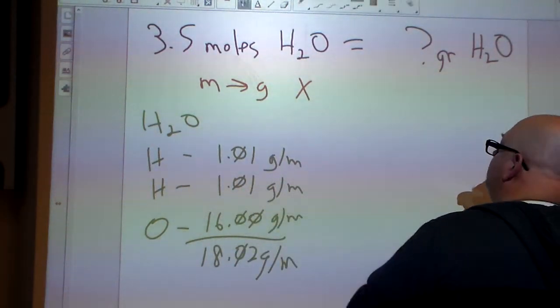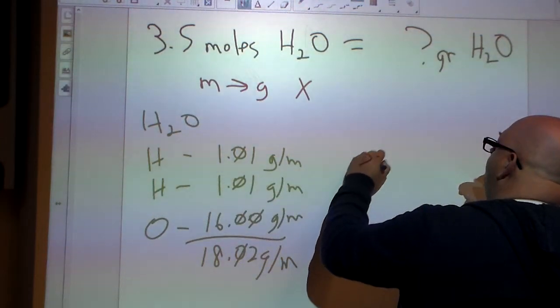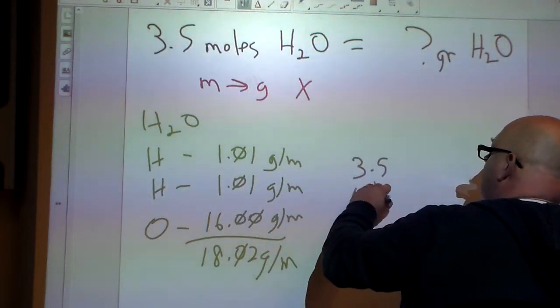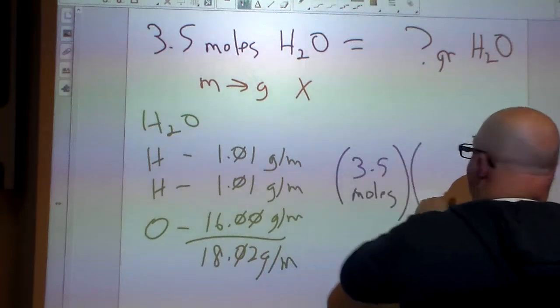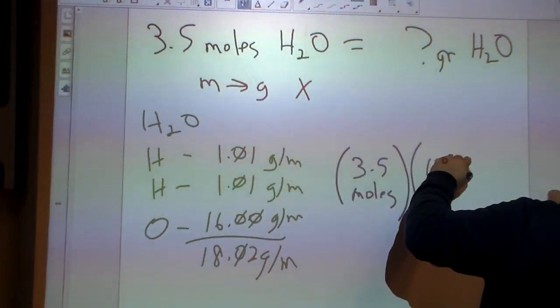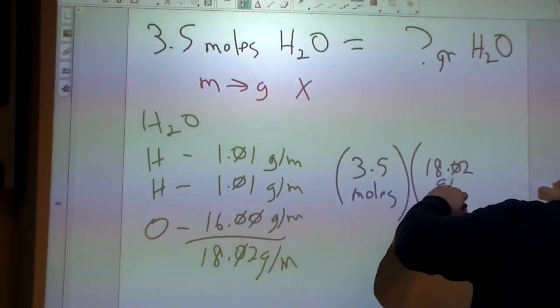We're going to multiply our 3.5 moles multiplied by 18.02 grams per mole.